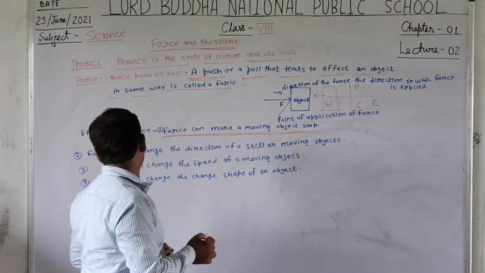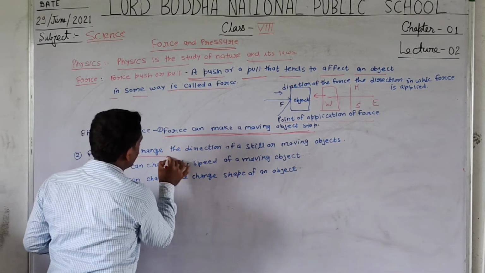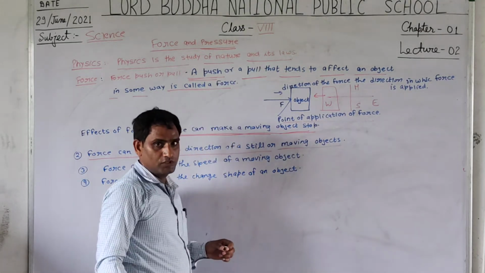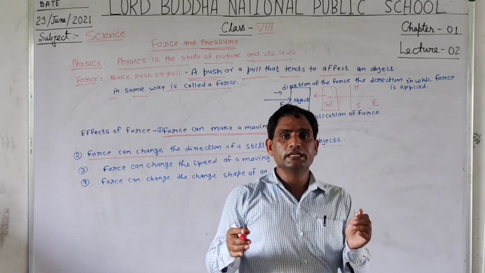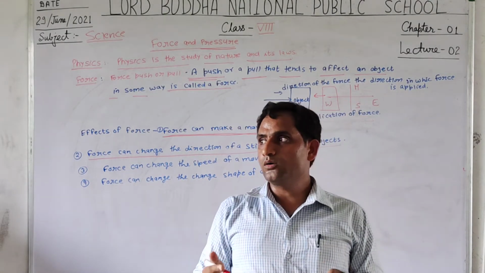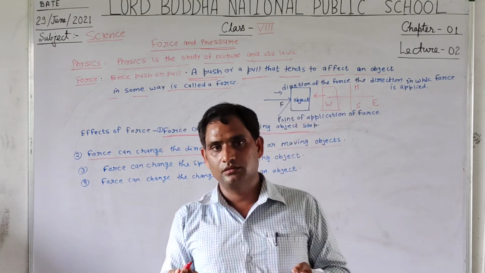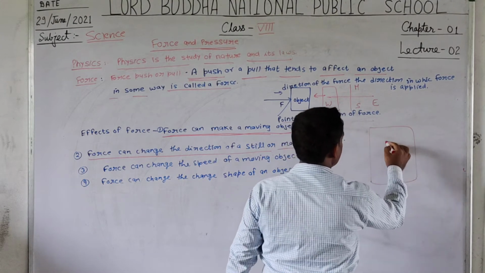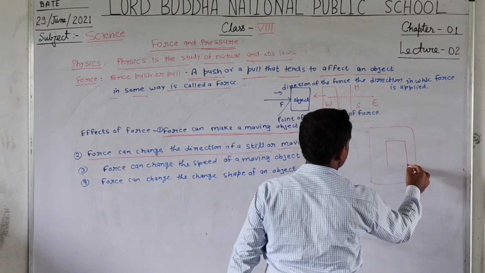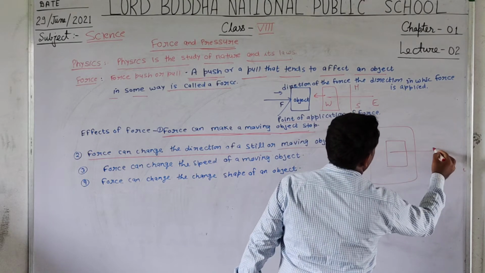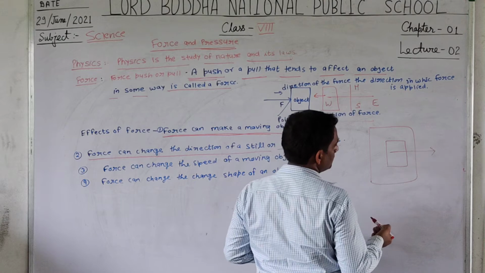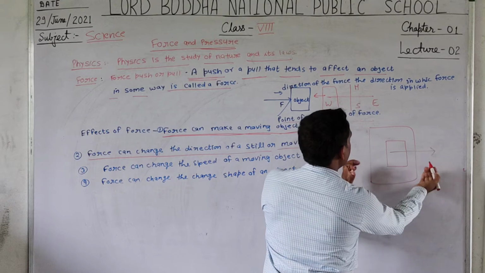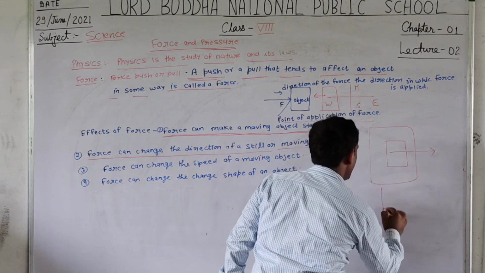Second point, force can change the direction of a still or moving object. For example, if there is a gate and its opening is towards the north, by applying force we can reverse the direction of opening of the gate.